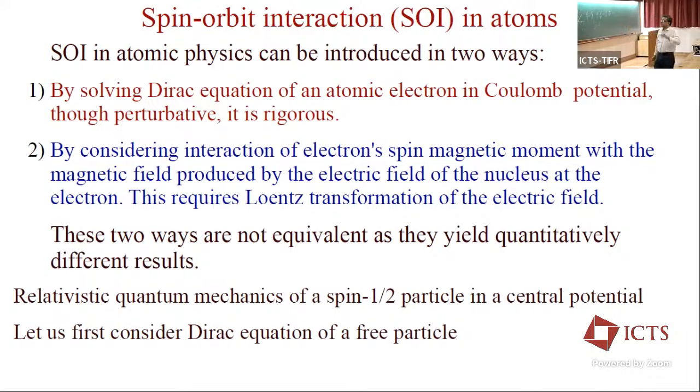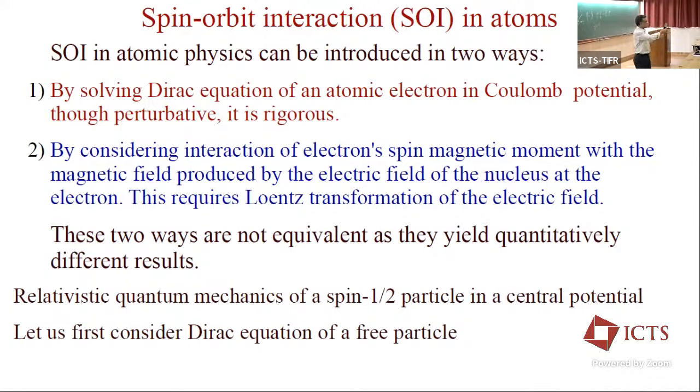Another way is by considering the interaction of electron spin. Suppose the electron has spin, and don't bother about where it comes from, and it has a spin magnetic moment. Then you do a Lorentz transformation, because the electron will see the nucleus moving around itself. The nucleus has a positive charge.